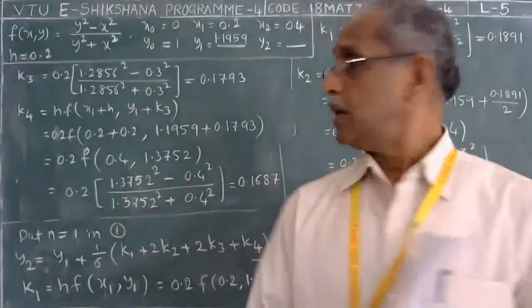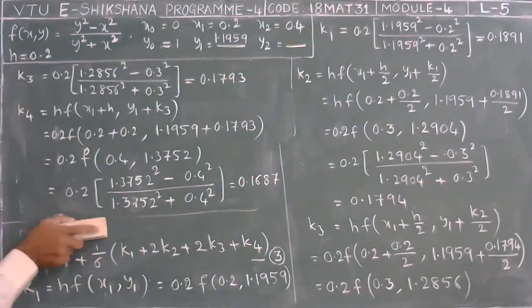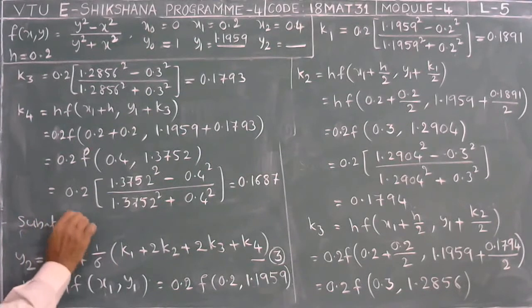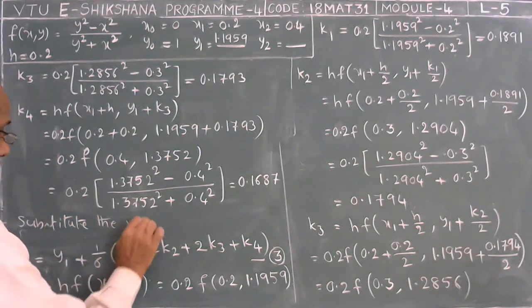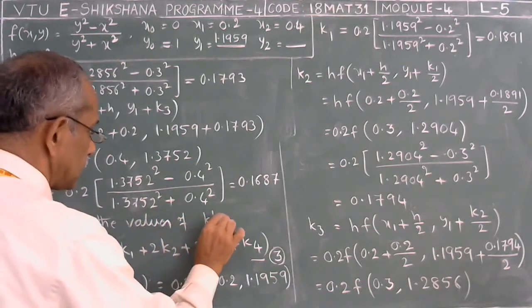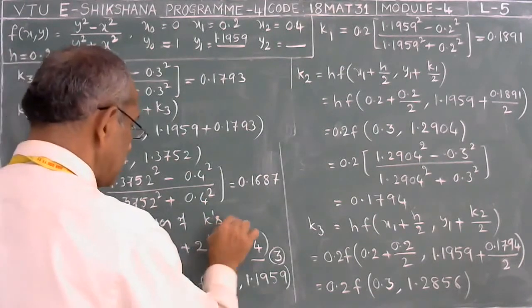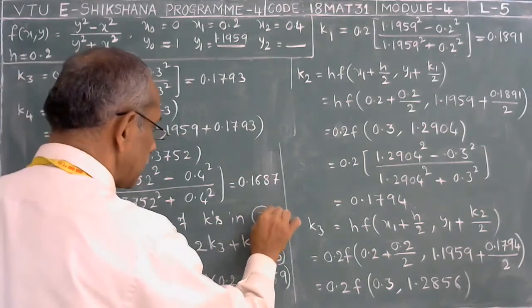0.1687. Let's substitute these values of k1, k2, k3 and k4 in the relation 3.